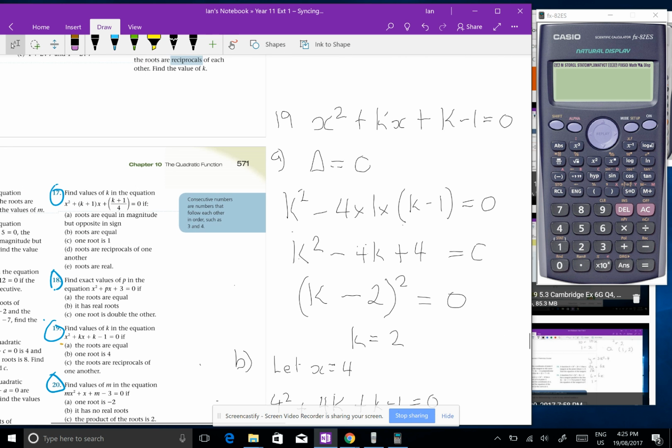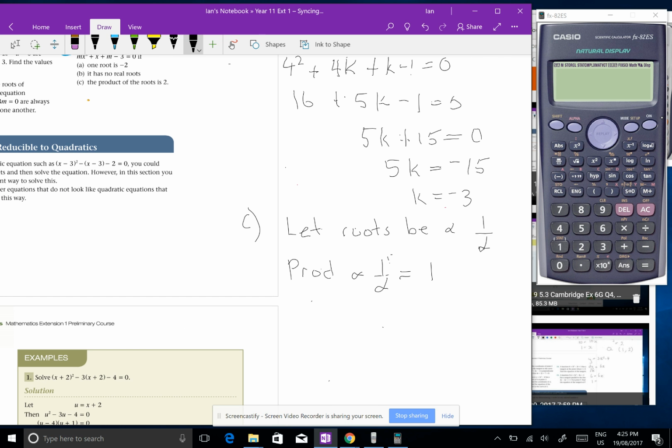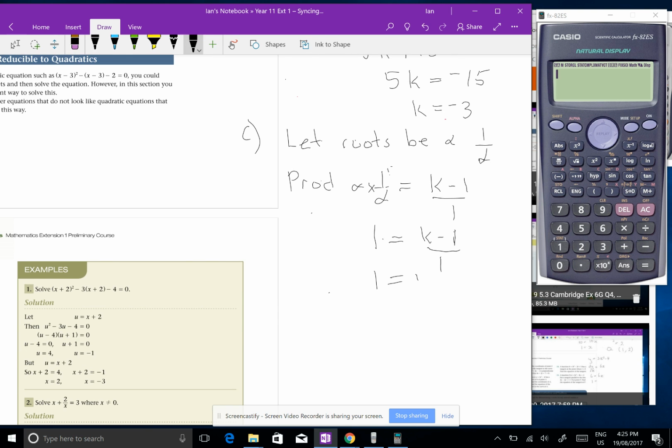So we go back to our equation, and that's k minus 1 on 1. And alpha times 1 on alpha is 1, equals k minus 1 on 1. So 1 equals k minus 1. 2 equals k. So question 19 was pretty easy.